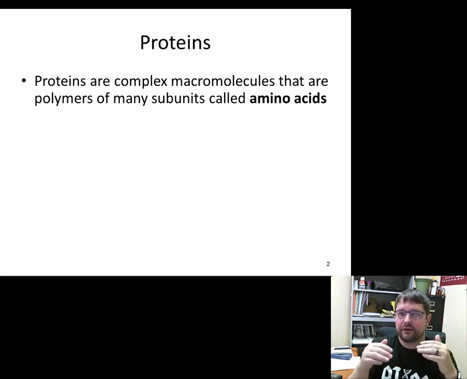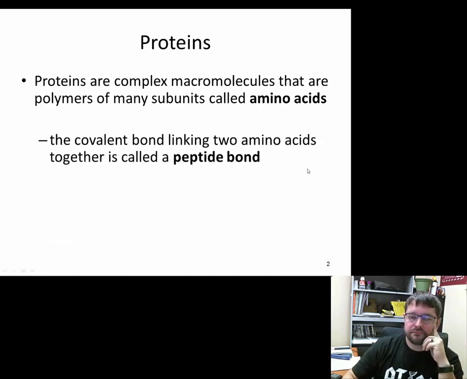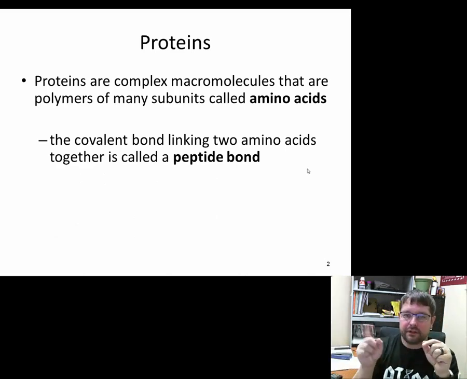So DNA codes for what amino acid is going to be laid down to make this giant polymer called a protein.